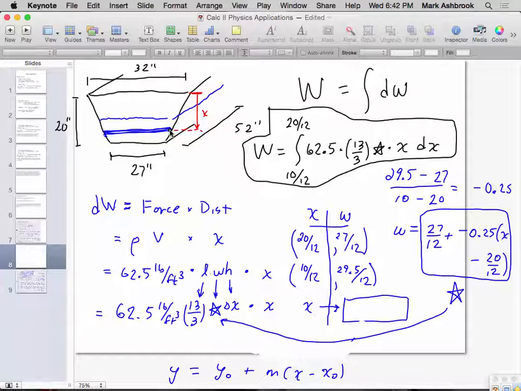So to do a typical vertical slice, you would need an integral, right? So then you'd be integrating a bunch of integrals. You see? So you need an element such that you can actually calculate it straightforward, force times distance, and that's a horizontal slice because all the water goes the same distance. If you do anything that's vertical, then the water's all going a different distance. Well, that's the problem we have in the first place.